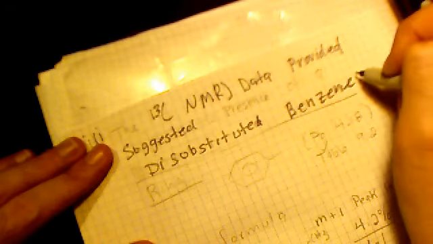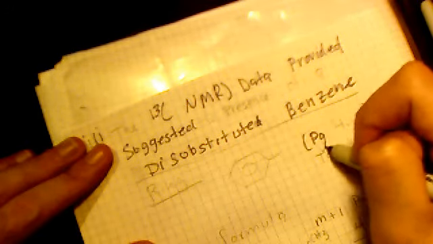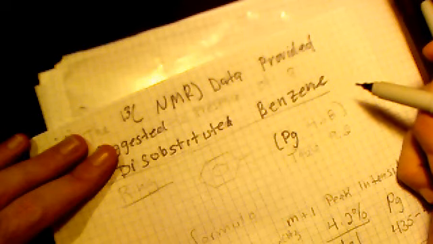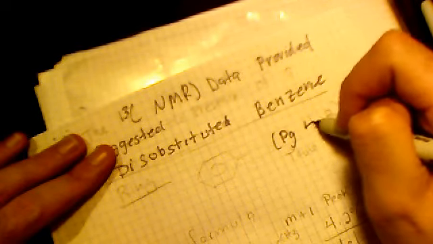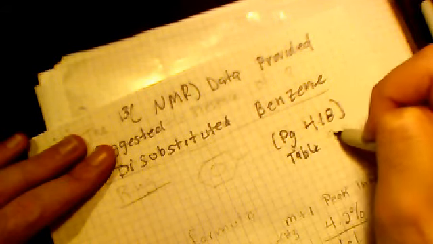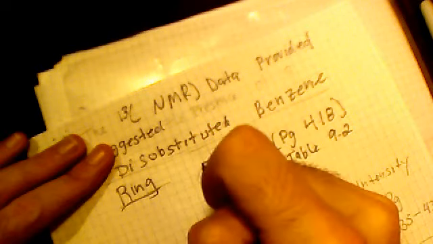I got that from page 418, table 9.2. I don't know if it's necessarily disubstituted. I said it was disubstituted because I was trying to think of ways to make the formula work. I think these videos are only 11 minutes long, but maybe YouTube gives you more time now.